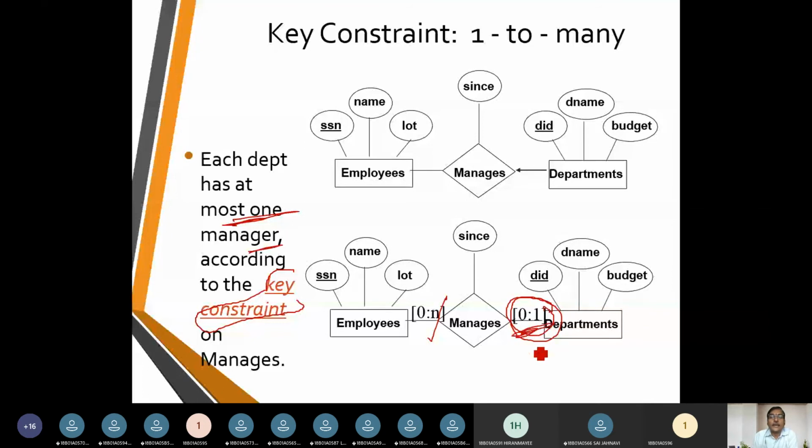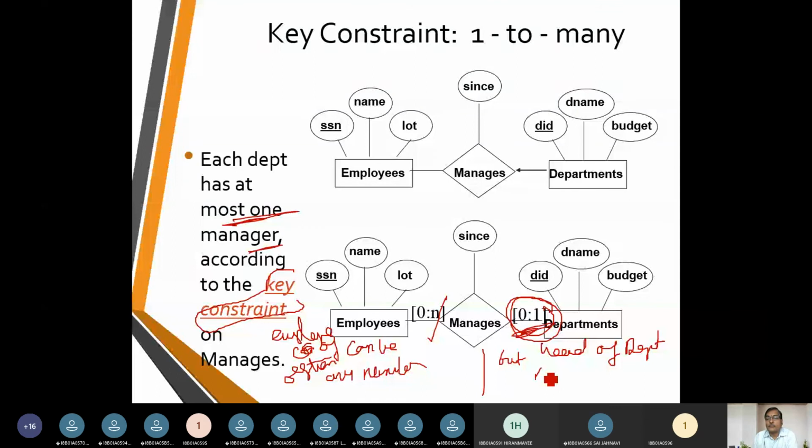Employees of an organization can be any number, but the head of the department, or manager, must be one. That is what a key constraint takes up.